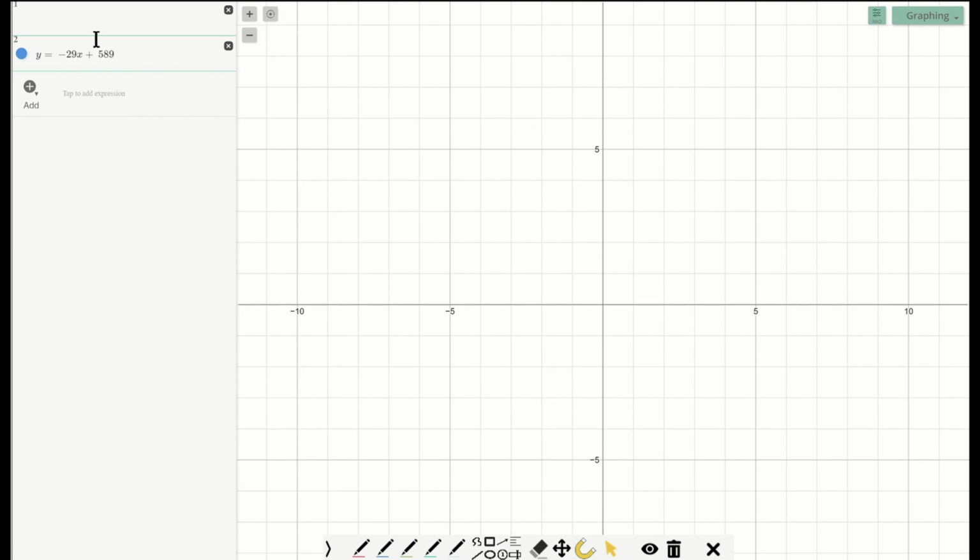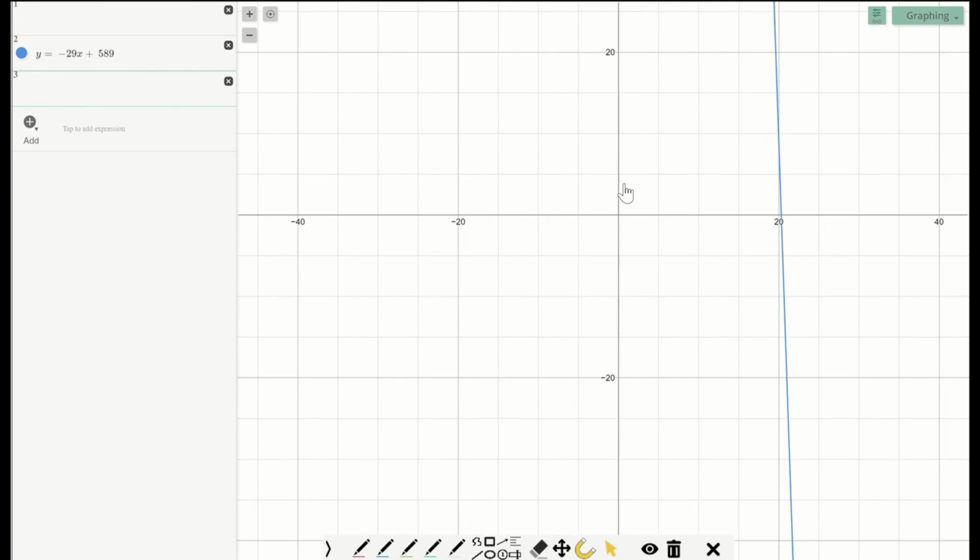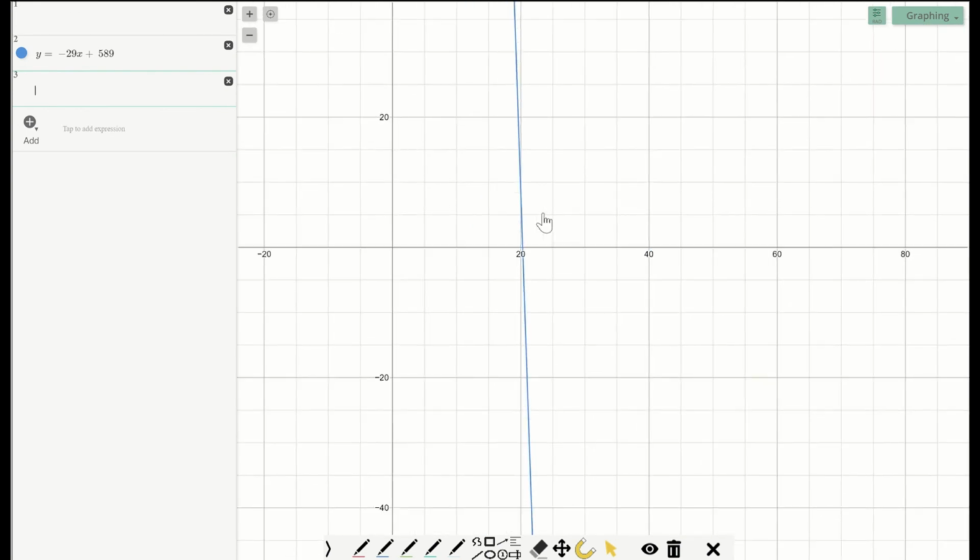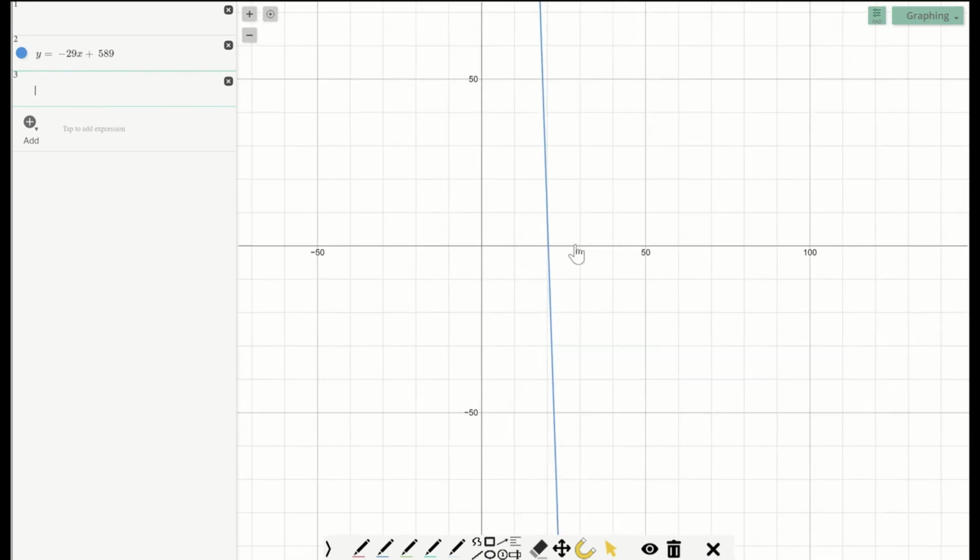This ClassCalc does have the zoom fit for some features. I don't see it for this one right here, but if we just start scrolling using a mouse, we can see it come into view, so we can see what it looks like.